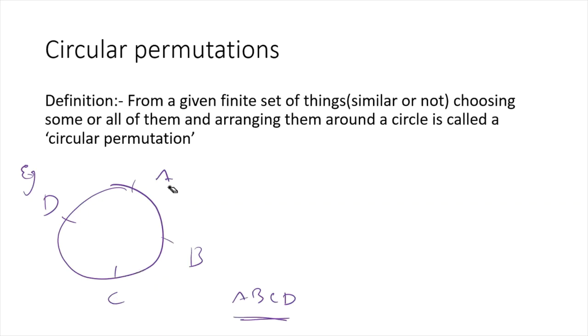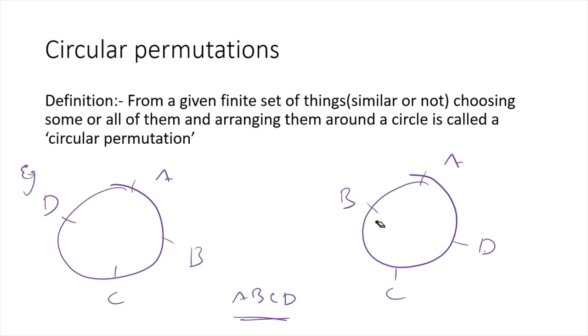Okay. So I can read this permutation as ABCD. If you read this permutation in clockwise direction, then you'll have ABCD. Now let me draw another permutation. This is A, B, C, and D. If you read this permutation in clockwise direction, you will have ABCD. If you read this permutation in anti-clockwise direction, then you will have ADCB.